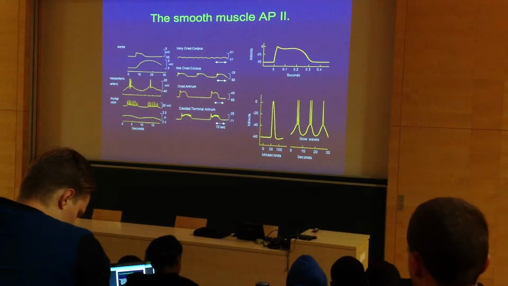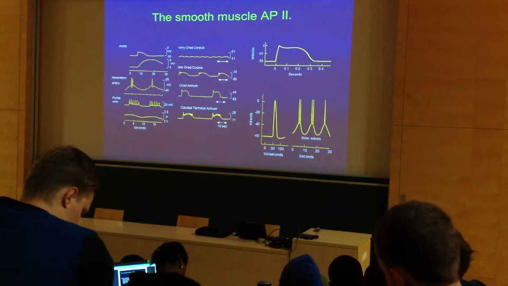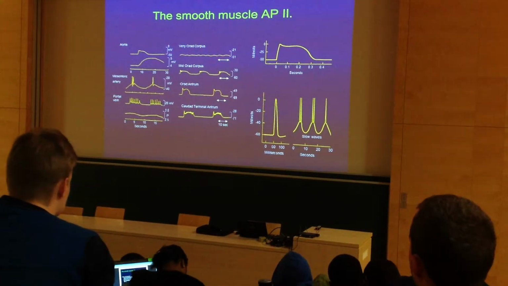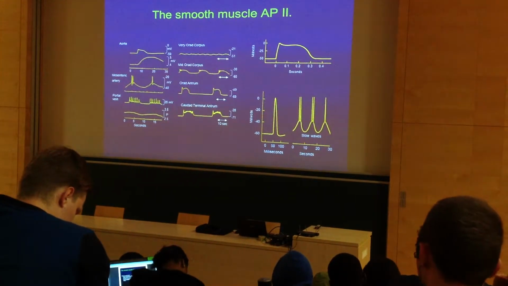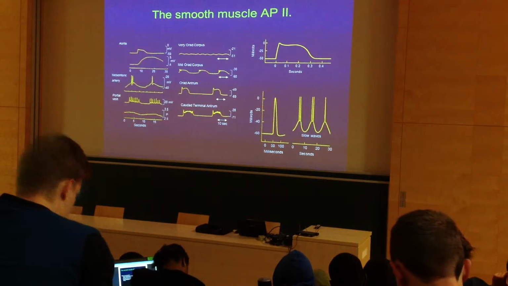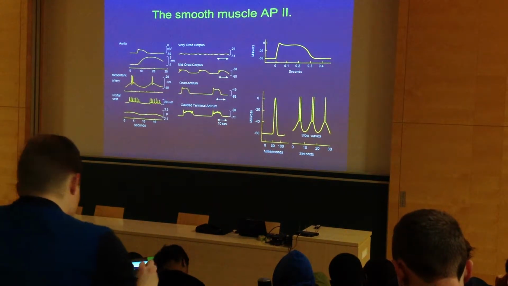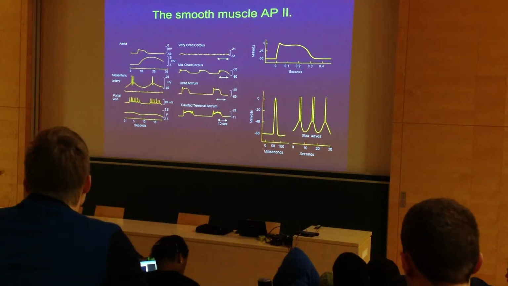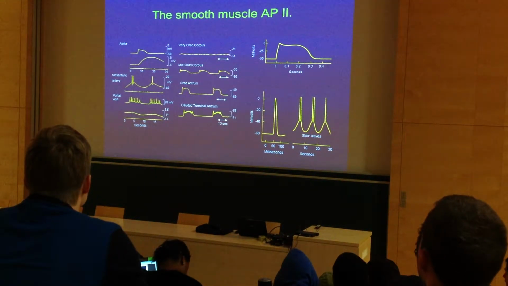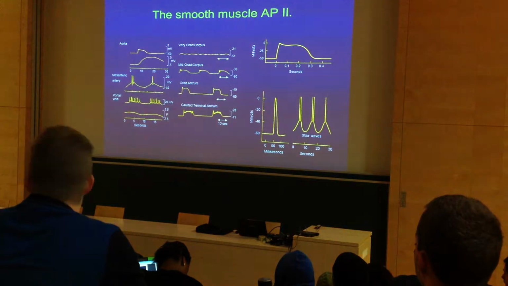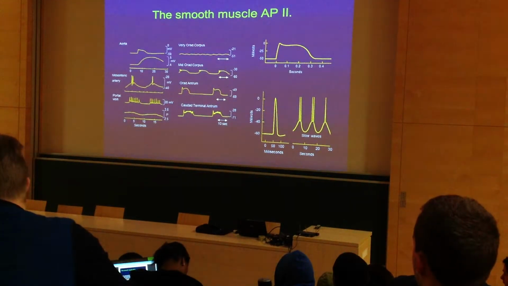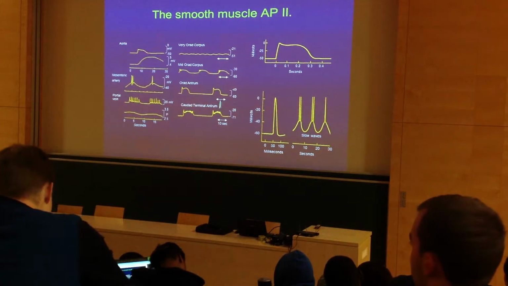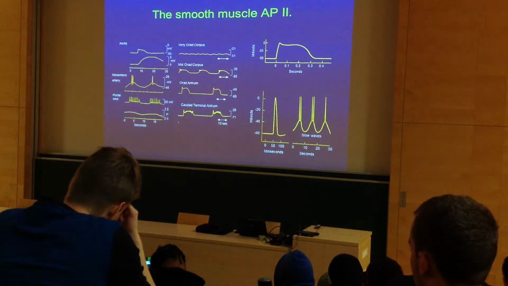and there are some similarities, of course. So I just took a few examples from different smooth muscle cells in our body to show you that one cannot say that this is the smooth muscle action potential. One can say that this is a smooth muscle action potential. Even within the same organ.